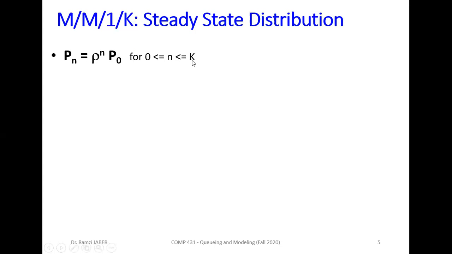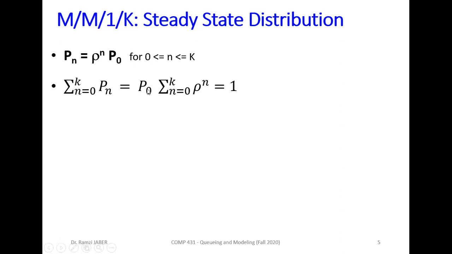N will be maximum equal to K. The same as before, the summation from n equal 0 to K of Pn equals 1. The summation of all probabilities of the Markov chain equals 1.